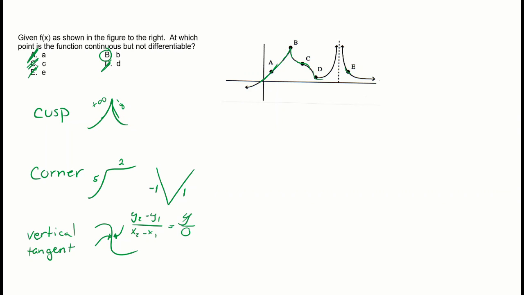Now that's the slope formula, which derivative is as the difference in x goes to 0. But in essence, that idea happens. You get a 0 in the denominator, which means the derivative is undefined, which is a place where it's not differentiable. So in this case, point B is a cusp, and therefore it is continuous, but it's not differentiable.